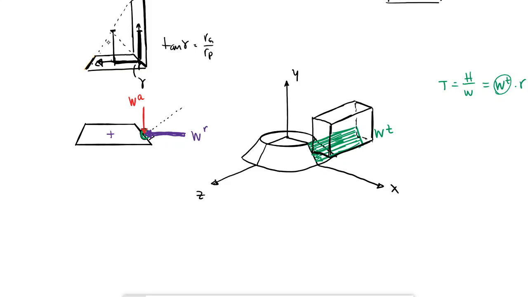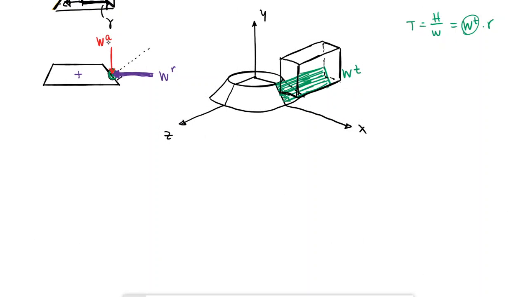I don't know if that's gonna be enough, so I'll just do a separate one here, with the same green vector. I just want to not have the distributed load, but an actual vector. So this is my tangential force, WT.